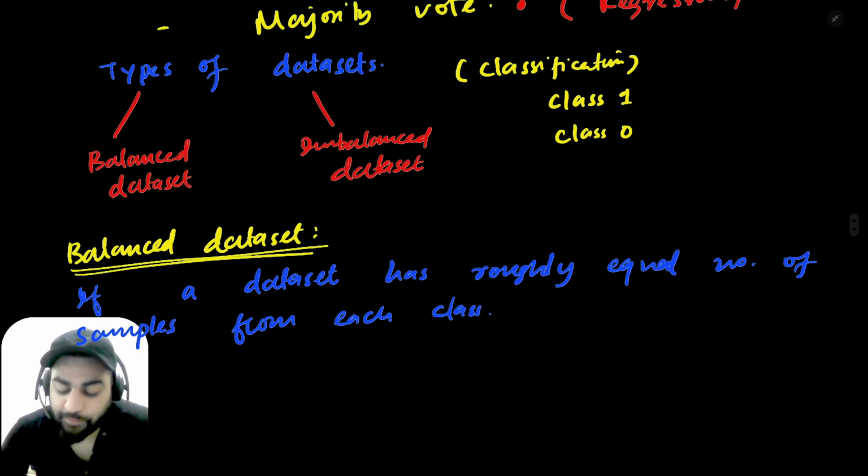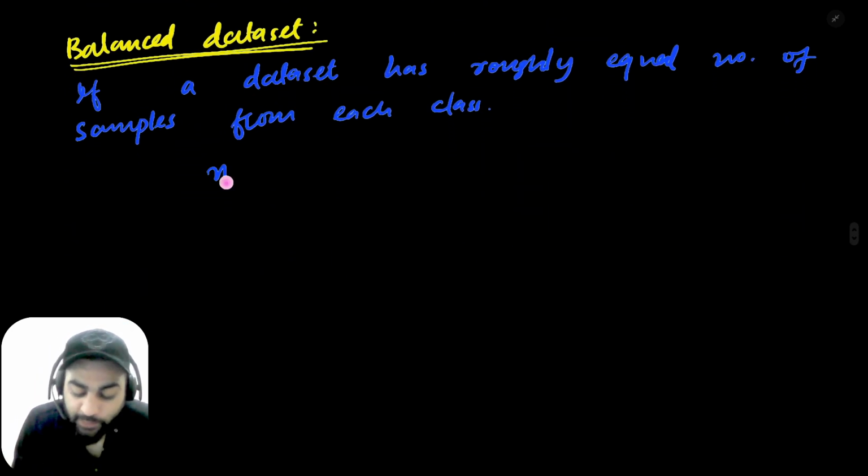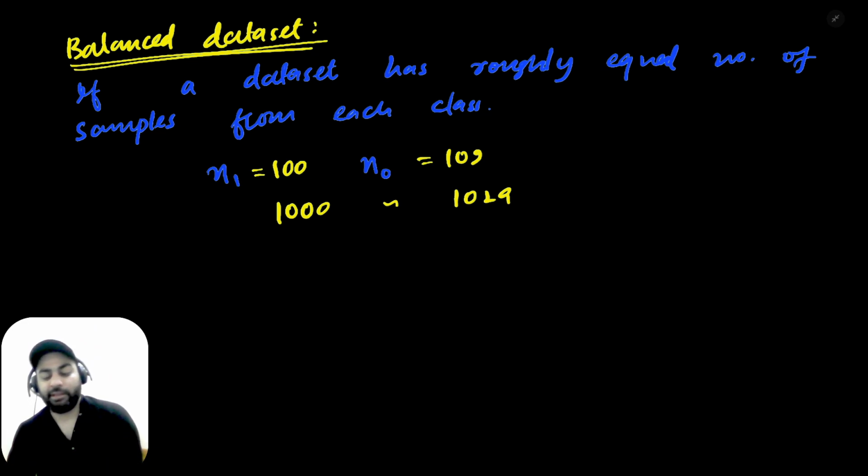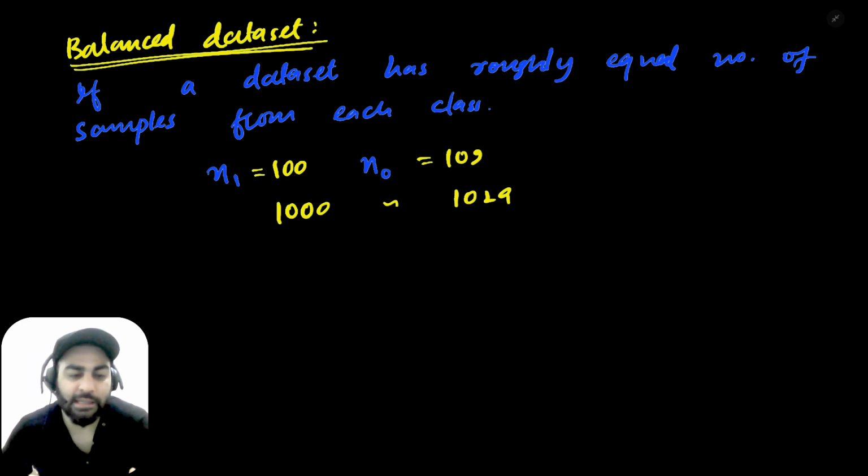Let's suppose in our binary classification problem, n1 is the number of points in class 1 and n0 is the number of points in class 0. Let's suppose n1 was 100 and n0 was 109, something like this. This is nearly balanced. Even if it was, let's suppose, 1000 and here it was some 1029, you still see that these numbers are comparable. If such a case happens, we'll call this a balanced set.